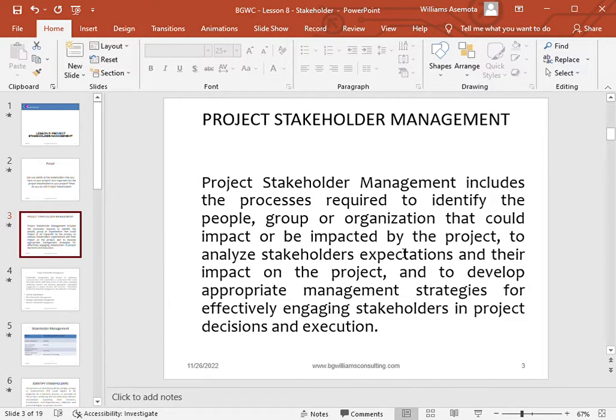But the last time we discussed stakeholders, we said that a stakeholder can be defined as anyone, which could be an individual or an organization or a person, whose interest may be positively or negatively impacted by the project.